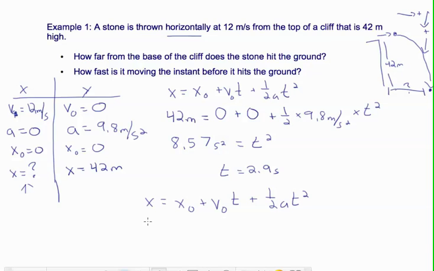So we have 0 plus 12 meters per second times our 2.9 seconds. Seconds cancel out. And since acceleration is 0, that's 0. So how far from the base of the cliff? For rounding to two significant figures, it's 35 meters.